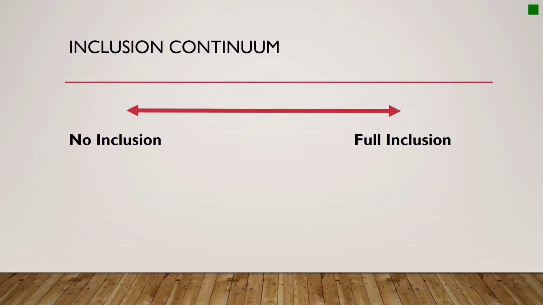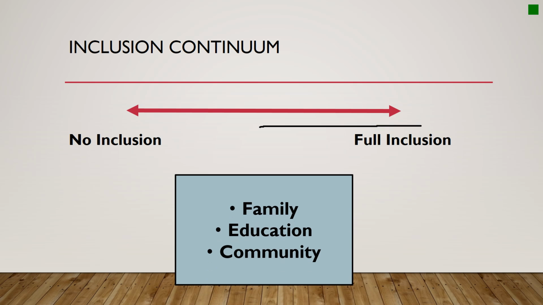And students can think about how this even applies to their community at large. But our hope is that by taking this course, you will feel more comfortable promoting this right side of the continuum for children and families. And remember, we're talking about inclusion in these 3 settings that we're going to be continuing to address.